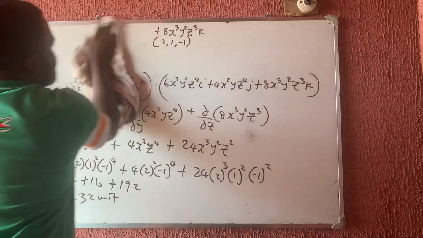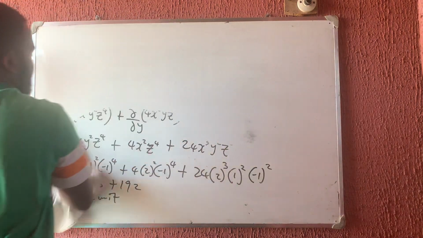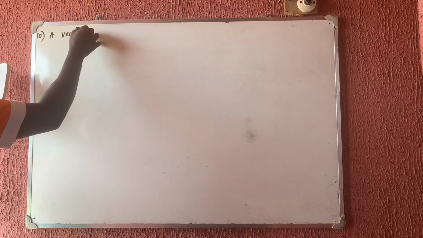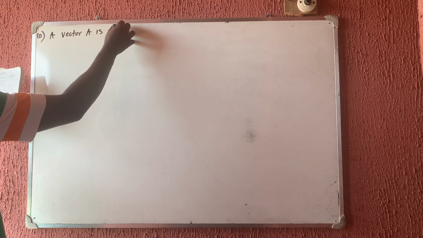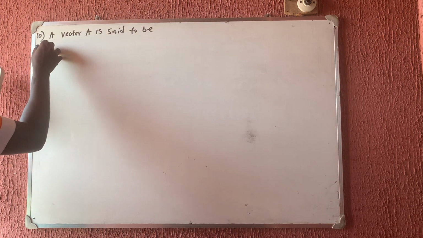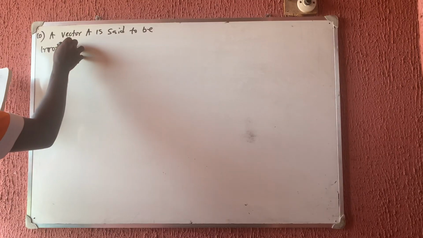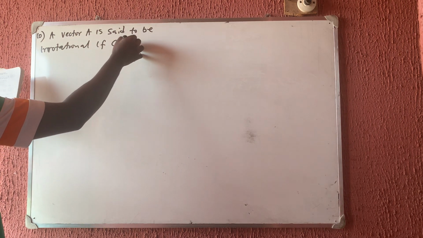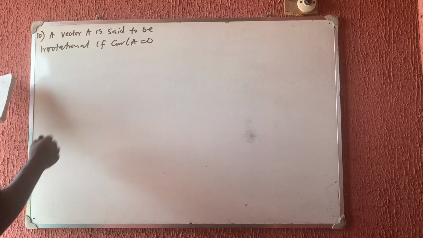So number 10. Number 10 gave us that a vector A is said to be irrotational if curl A is equal to 0. Yes, it's true.